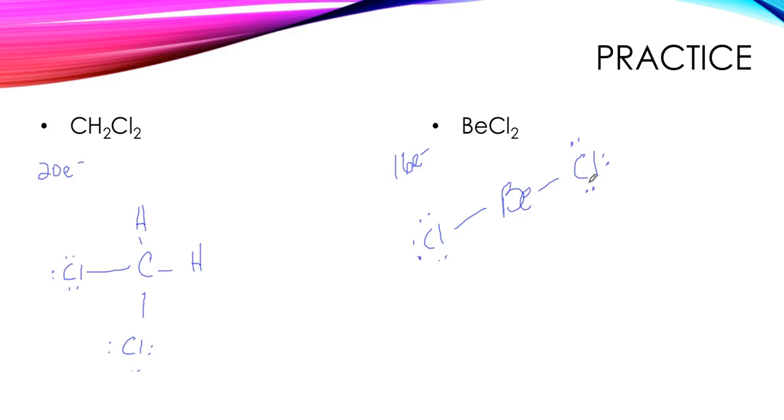That can happen. Now, there's an alternative structure I could draw, but it's not favored because it involves double bonds, and chlorine doesn't normally form double bonds. So we can technically draw a Lewis structure for this molecule that still has 16 electrons and has an octet around beryllium, but based on charge distributions, this one's not preferred.